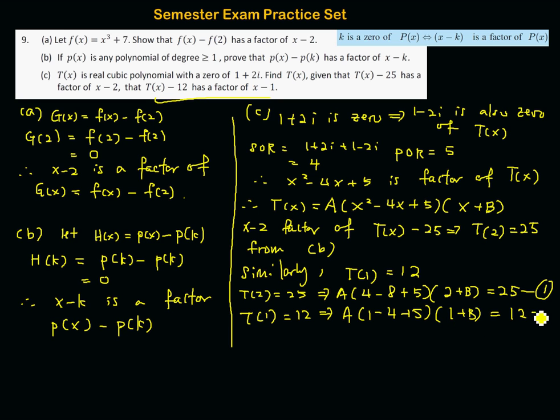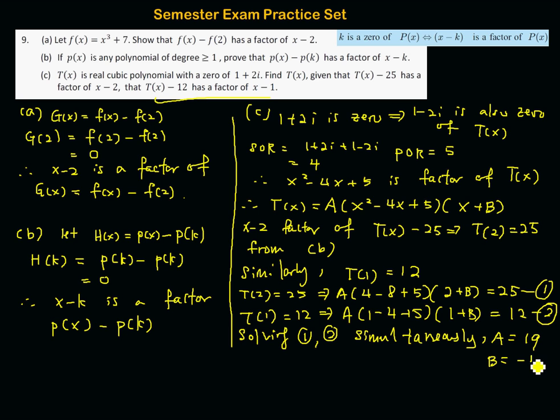Call this equation 2. If you are going to skip some of the work, you do it on your own. Solving 1 and 2 simultaneously, you would be able to find that a is in fact 19, and b is negative 13 over 19.